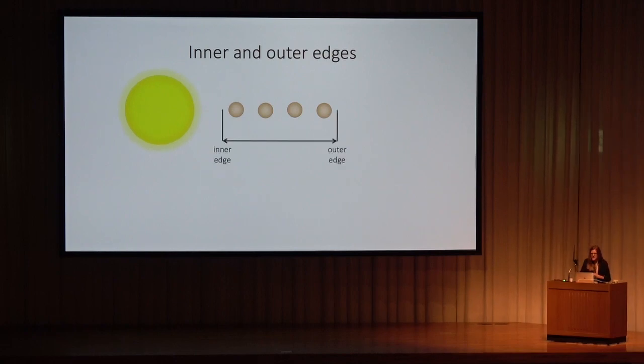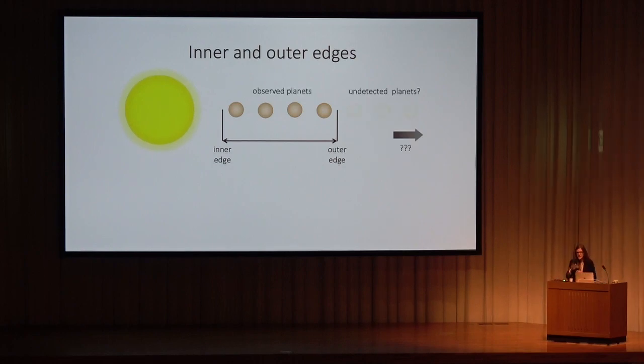So it's important to note that the planets that we see are only the observed planets, and there may be additional ones, particularly more distant planets, that we haven't yet observed.